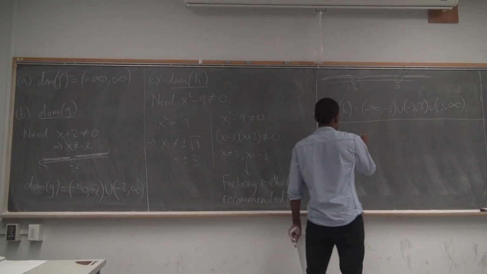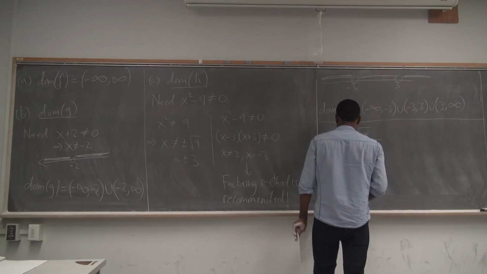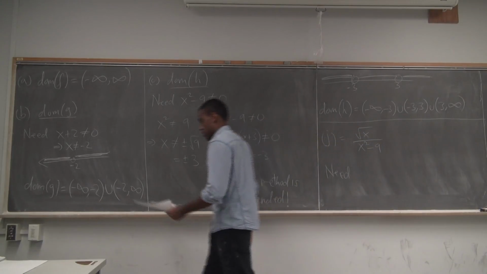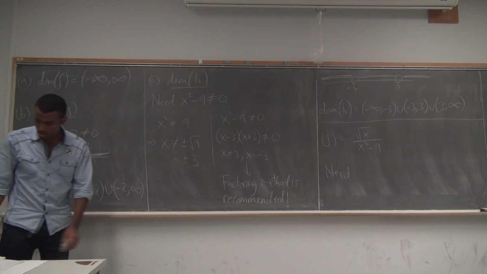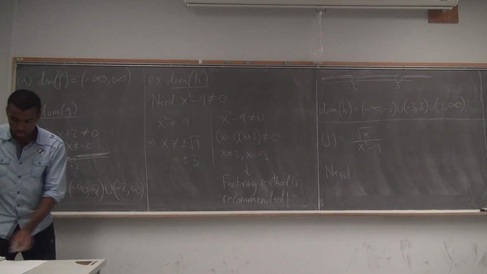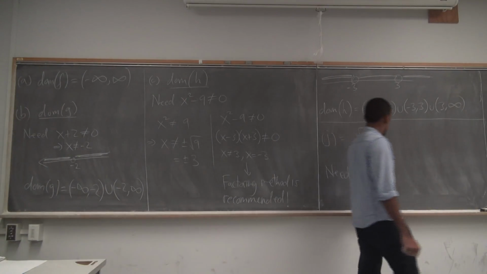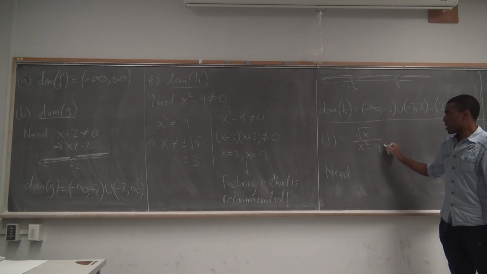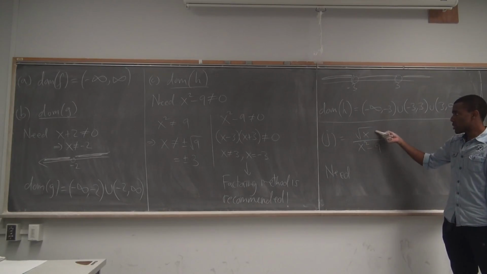Okay. So what do we need for that to work? Look at each individual part, so you look at the top and the bottom separately. The bottom is a polynomial, so itself no restriction. But the top is radical x.